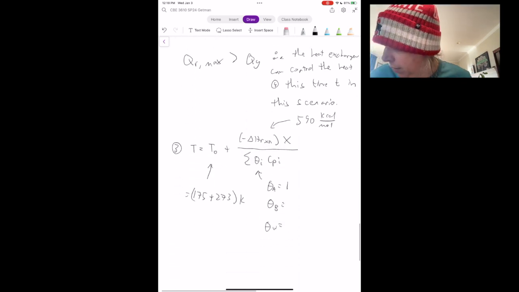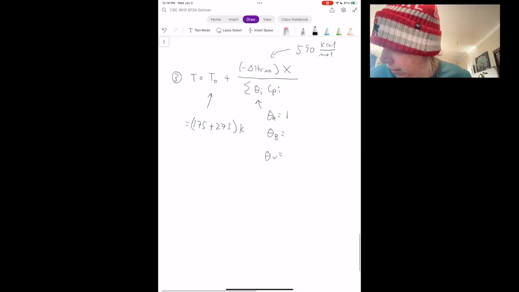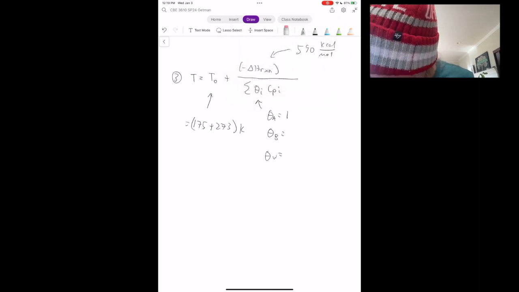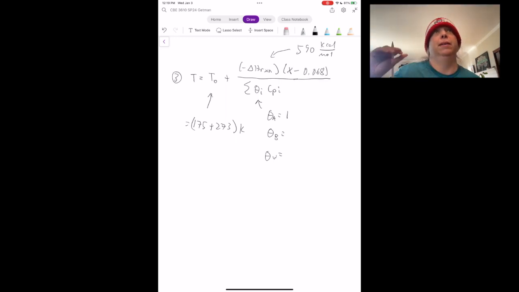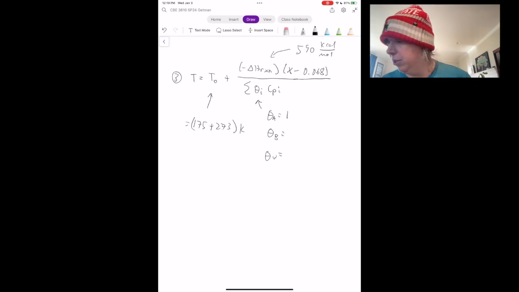So I'm going to take away that x, and instead I'm going to do x minus 0.068. That's going to allow my temperature to increase as a function of conversion at the start of adiabatic operation. At x equals 0, we're in isothermal operation, so we don't want the temperature to start increasing at that point. We want it to start increasing once adiabatic operation has started.